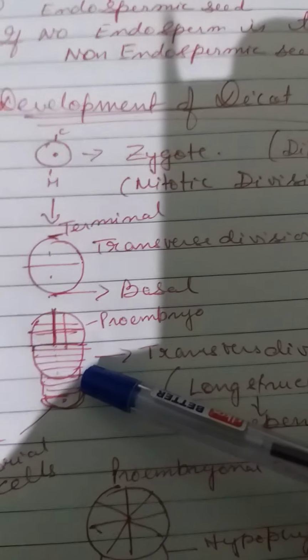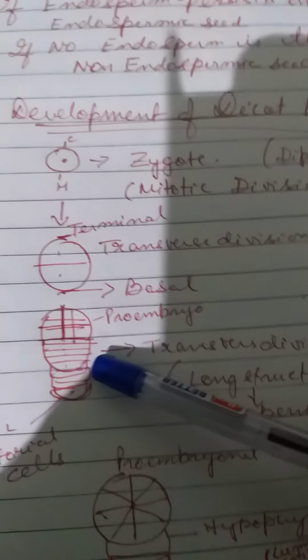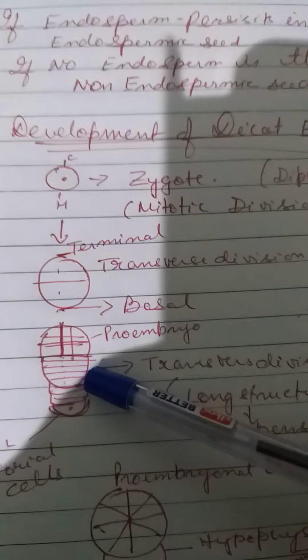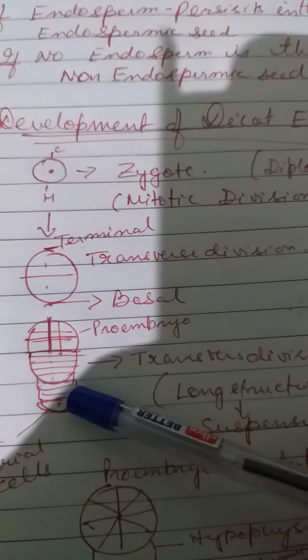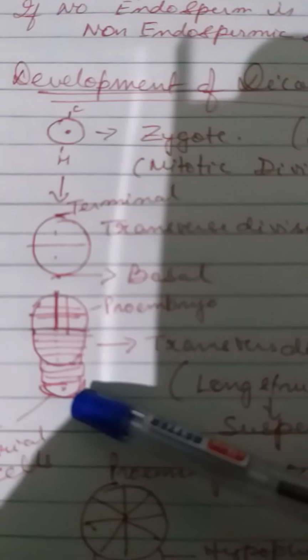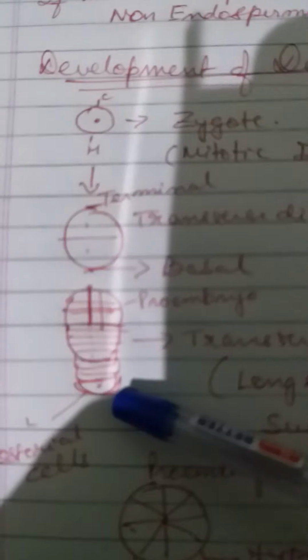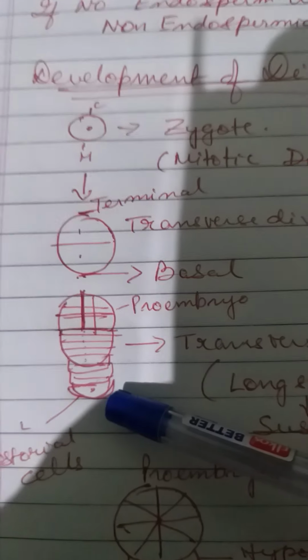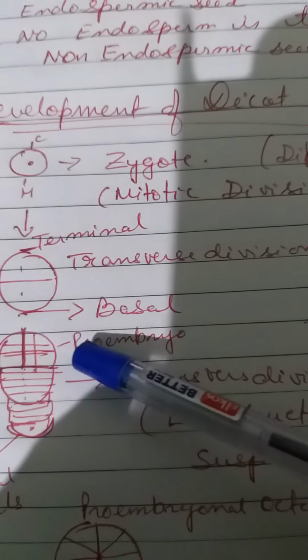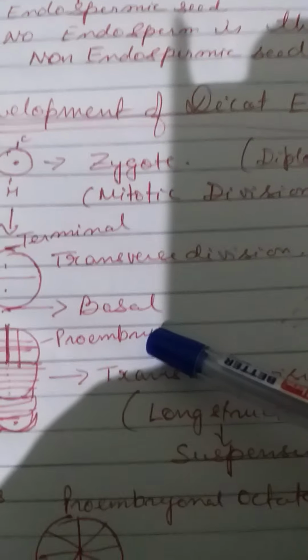Now in the next stage you see the basal tissues. The basal tissues undergo multiple transverse divisions and form a suspensor, and the last cell of the basal cells forms a haustorial cell, and the upper part, the terminal cells, develop into the proembryo.